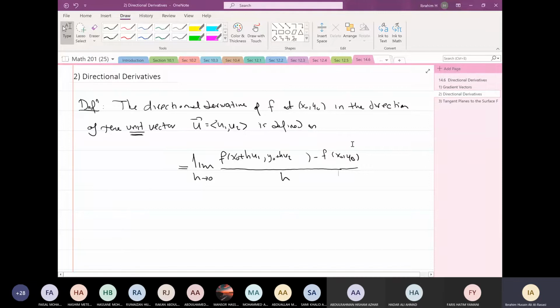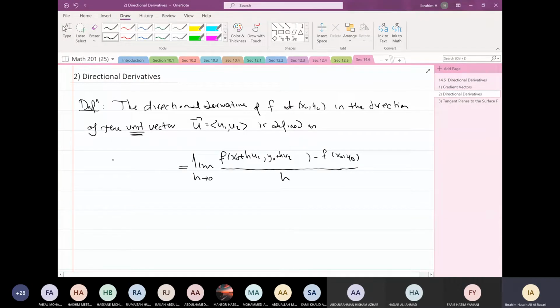For the partial derivative with respect to x, they change only in x. For the partial derivative with respect to y, they change only in y. Here for the directional derivative, in a general direction, you have changes in both coordinates, x and y. This is a distinction, or you can say it is a generalization of f sub x and f sub y.